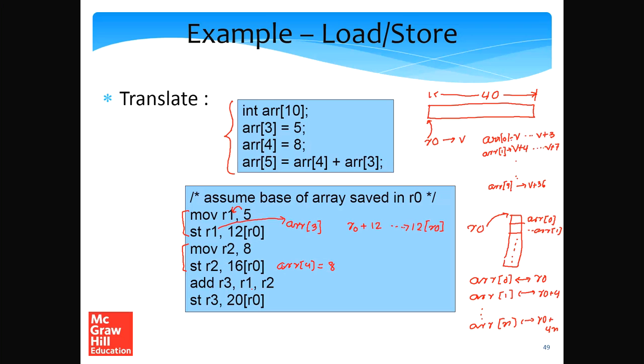Finally, we add R1 plus R2 because they contain the values that were stored, and we save it in R3, and the value of R3 is again saved in 20(R0). 20 is the offset and R0 is the base. So this is essentially the fifth element, where we save R3, which is R1 plus R2.